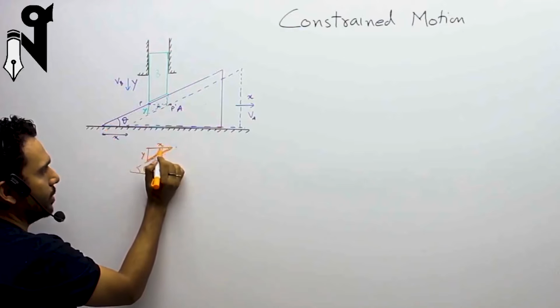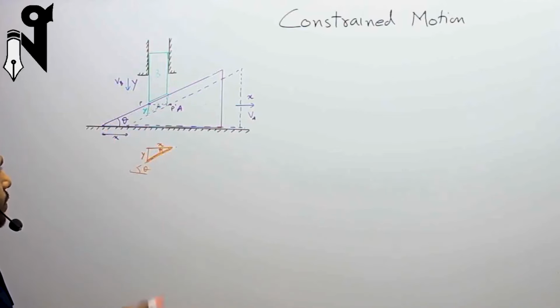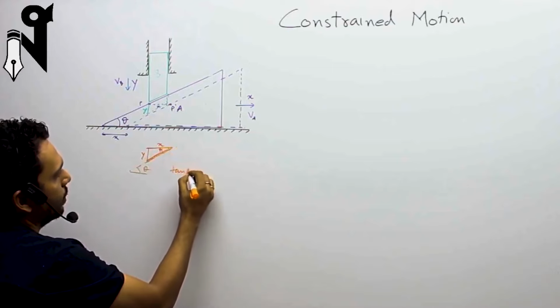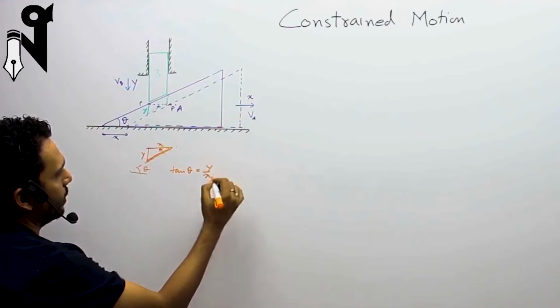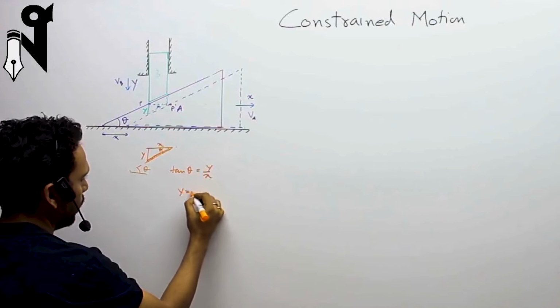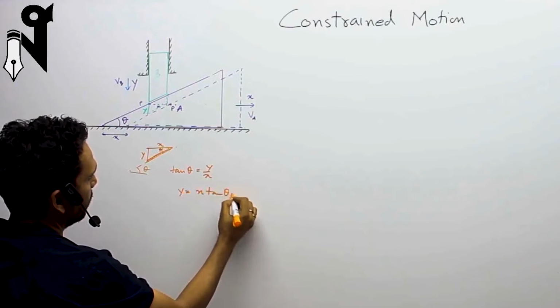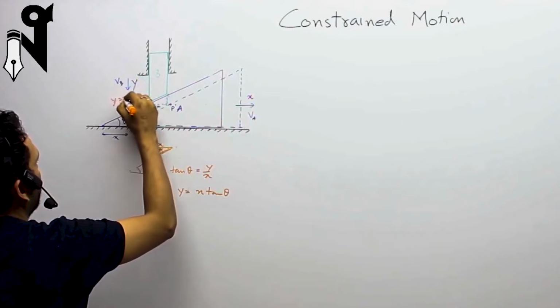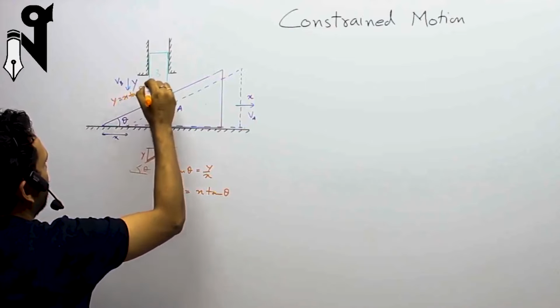In this diagram, this is your theta. So we have a relation between X and Y. What is the relation between X and Y? Clearly tan theta is equal to Y by X over here. So what we say is Y will be equal to X tan theta. So if this moves by X, this is going to come down with Y equal to X tan theta.